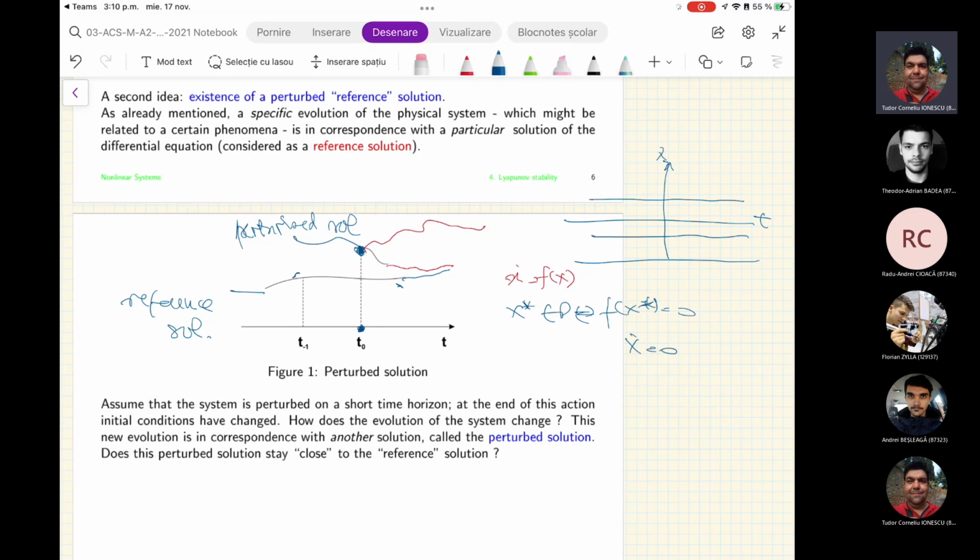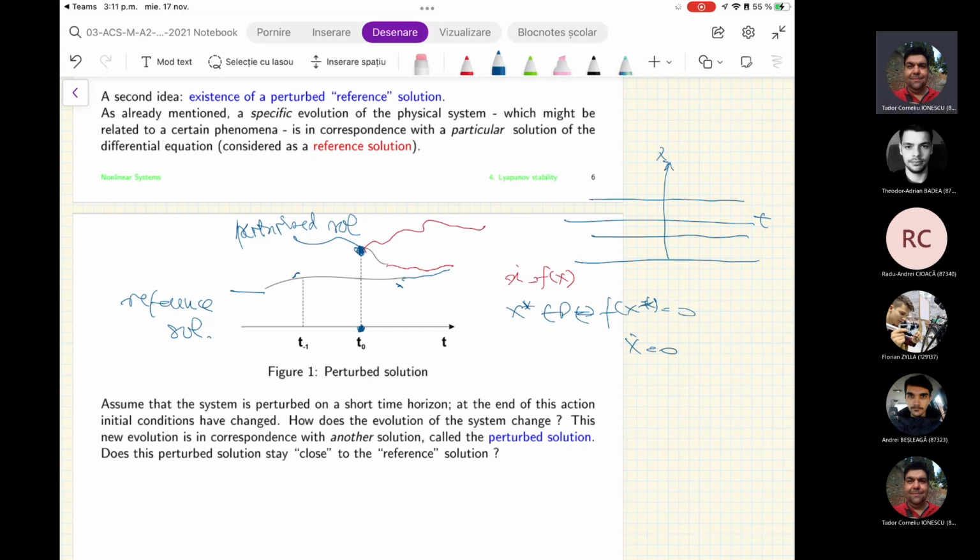So who are we going to take the reference solutions from now on? Who do you think we are going to take as reference solutions to talk about stability? Who are we going to use as reference solutions? The equilibrium point.